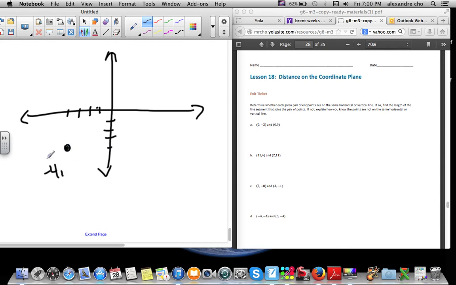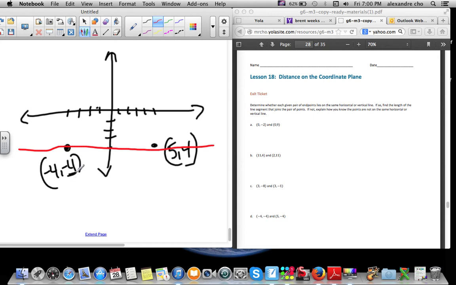-4 and -4. And the second one is 5 and -4. So it means 1, 2, 3, 4, 5, and then 4 down. This is 5, -4. They share anything? Yes, they do, the y coordinates. They're on the same horizontal line.